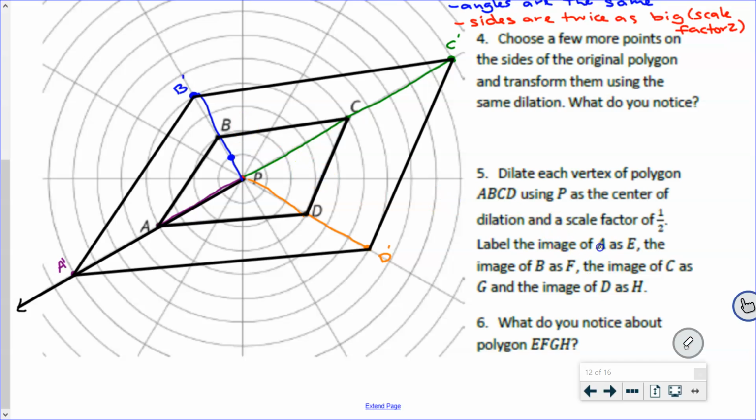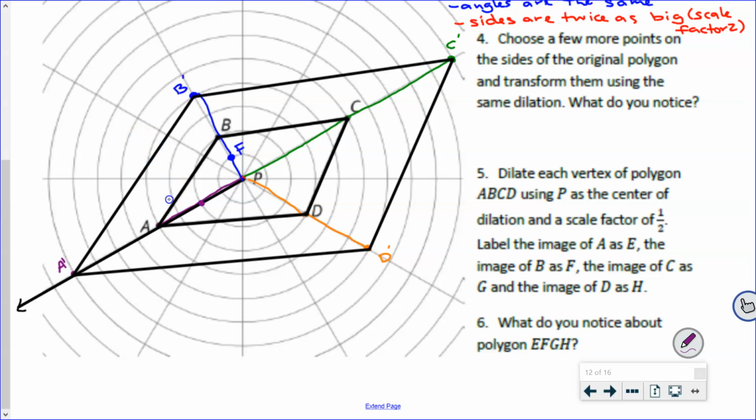We are actually going to call it, as it says here in the directions, we're going to label the image of B as F this time. I know, I don't know why they did that, but we'll follow the directions. F. Continuing on. A. 1, 2, 3, 4 away. 1/2 of 4 is 2, so it's 2 away now.